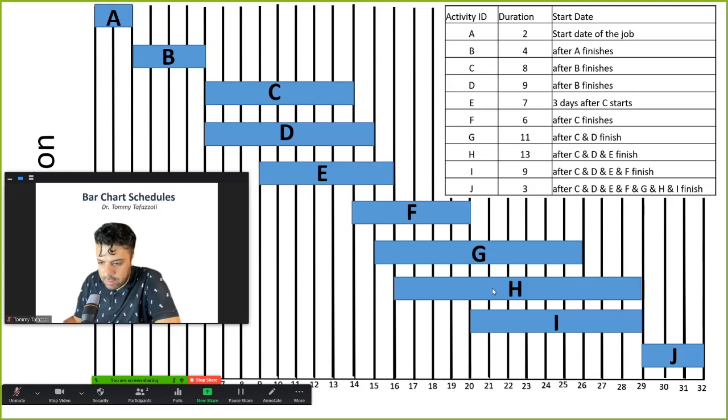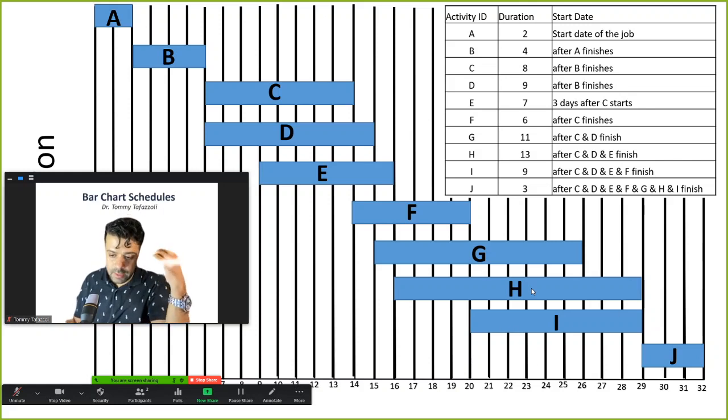You have 3 activities also, these activities. So in fact, starting from day 15 all the way to day 26, we have at least 3 activities happening on the job site, starting at day, actually, 14, right? Because we have 3 here and then 3, 3, 3, 3. So you have at least 3 activities.